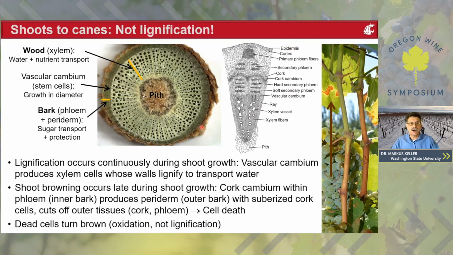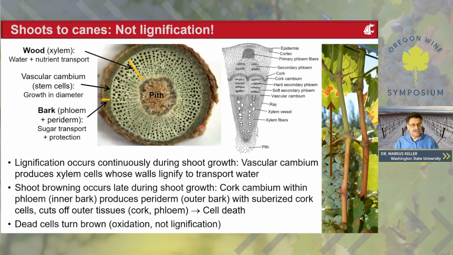These suberized cells or cork cells are cut off and they die. When a cell dies, it releases phenolics. Phenolic compounds oxidize, just like what you see in a wine or in a juice. Oxidizing phenolics turn brown. So in nature, when you see brown on a plant, that usually indicates dead cells.